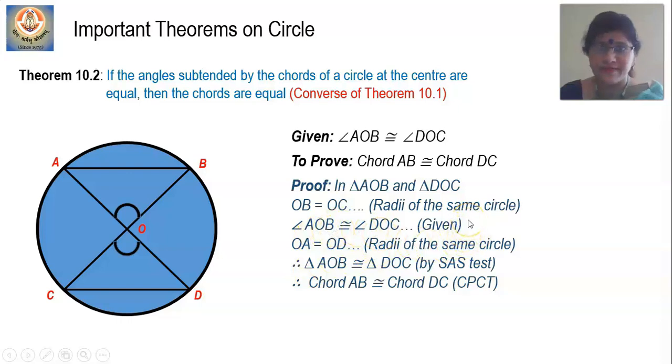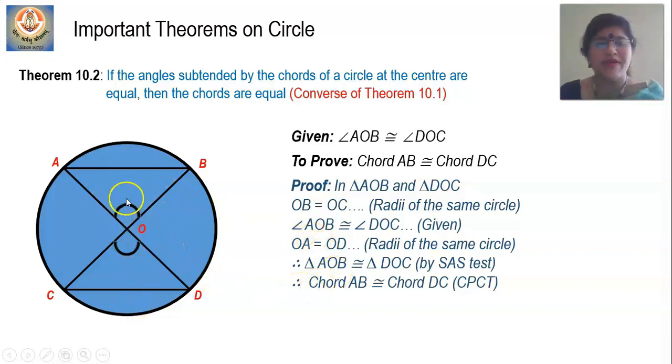It is given. And segment OA is congruent to segment OD because they are also the radii of the same circle. So we have one side, one angle and another side. So the two triangles become congruent by which test? SAS test. Side, angle, side.